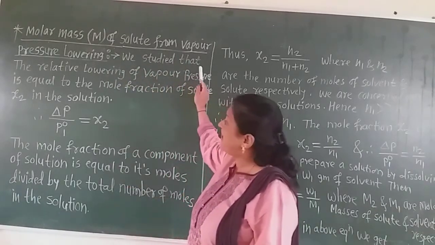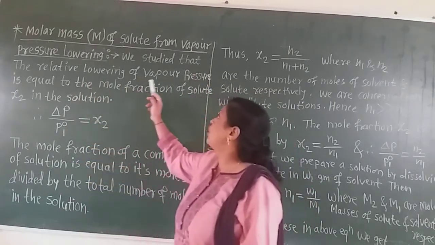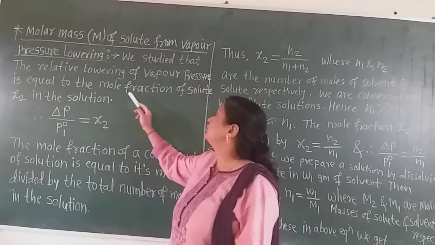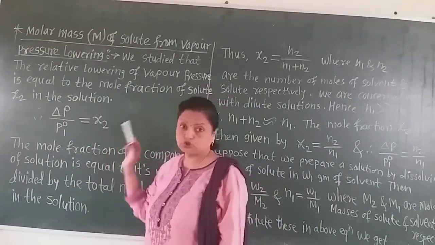So the molar mass M of solute from vapor pressure lowering. We know that the relative lowering of vapor pressure is equal to the mole fraction of the solute X2 in the solution.